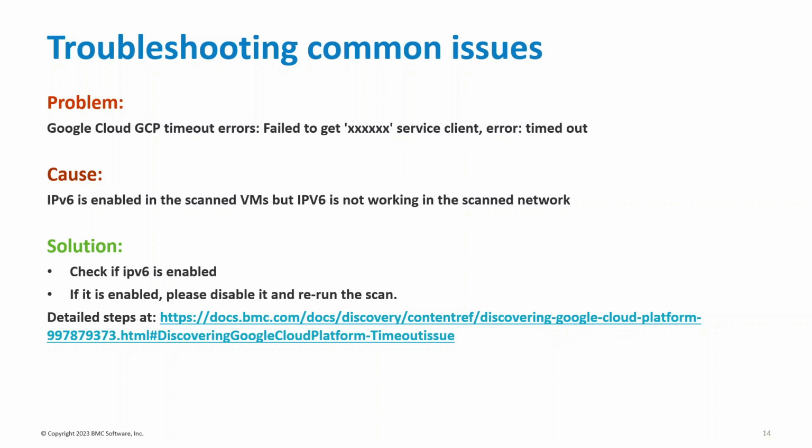So you need to validate and ensure whether IPv6 is enabled. And if it is enabled, you need to disable it and rerun the scan. There are detailed steps about checking whether IPv6 is enabled and how to disable it in this specific documentation.